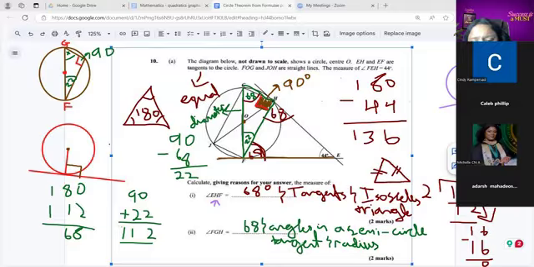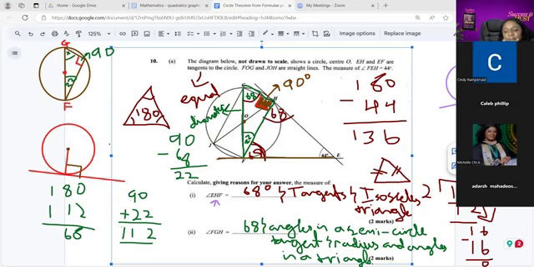So tangent and radius and angles in a triangle. Okay, yeah, so that's part two.